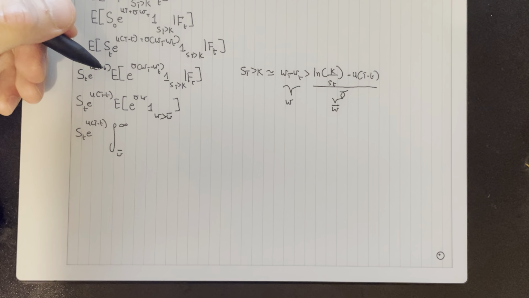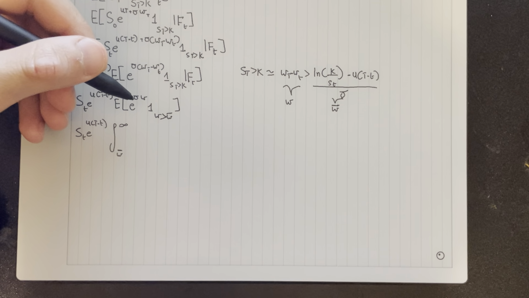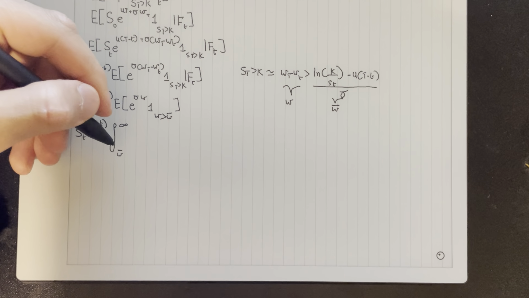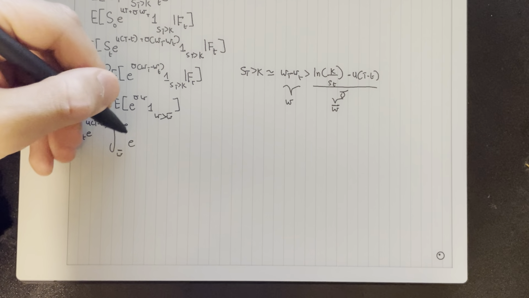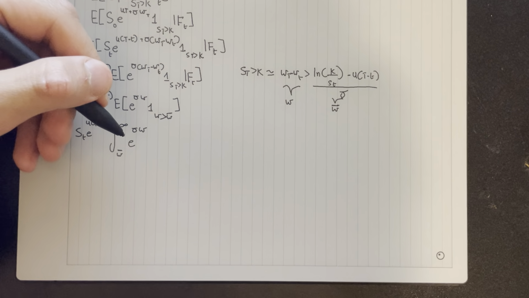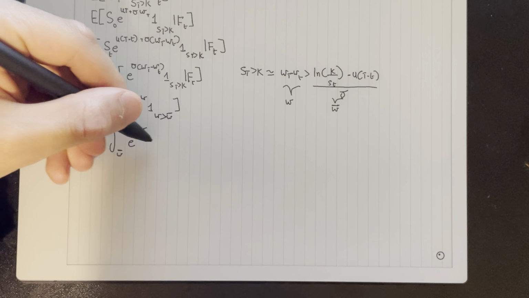Well, it is because the Brownian motion is a normal distribution, and a normal distribution has bounds of negative infinity to positive infinity. The only reason we don't have a negative infinity over here as the bound is because of the indicator function. And continuing on, we simply have this. And if you recall, simply again, Brownian motion is a normal distribution.